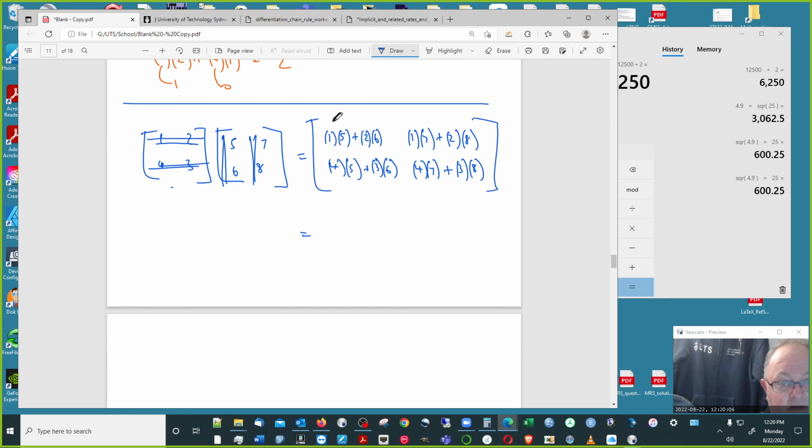Now when you do this, this is all well and good for the exercise of, we did a row by column.